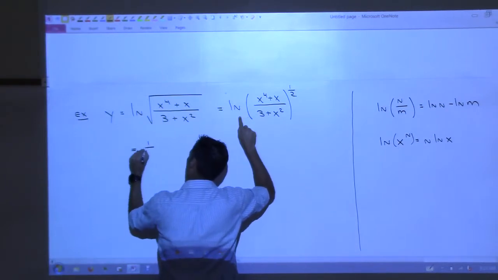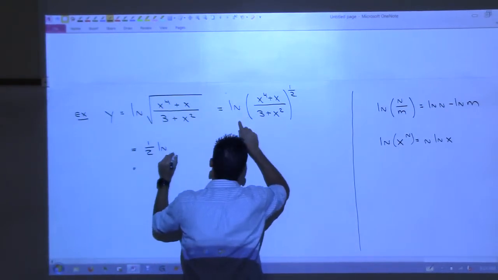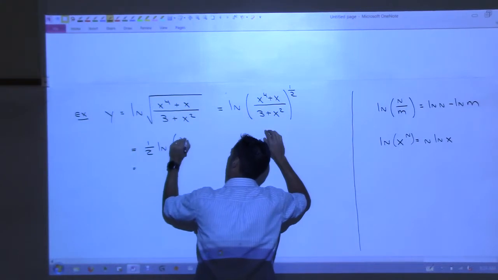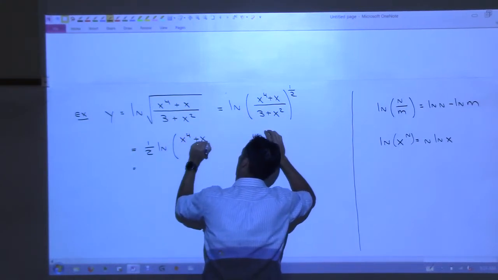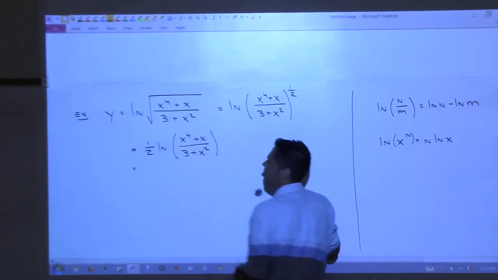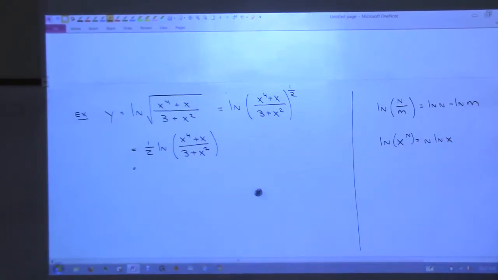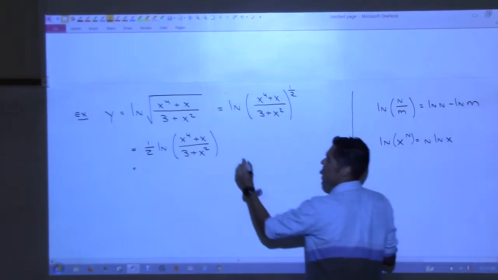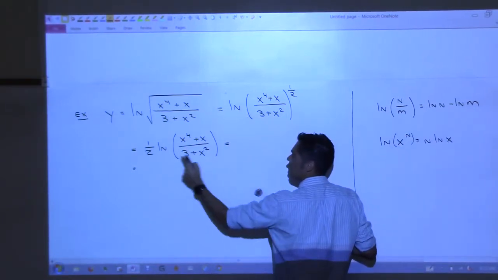So this becomes 1/2 out in front of the natural log, and then I still have in there x to the 4th plus x over 3 plus x squared, right? And then I can use this property that allows me to turn division into 2 different logs. Now, what about that 1/2 that's out front?